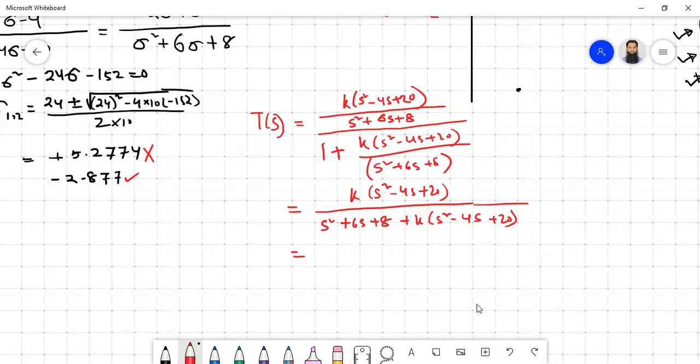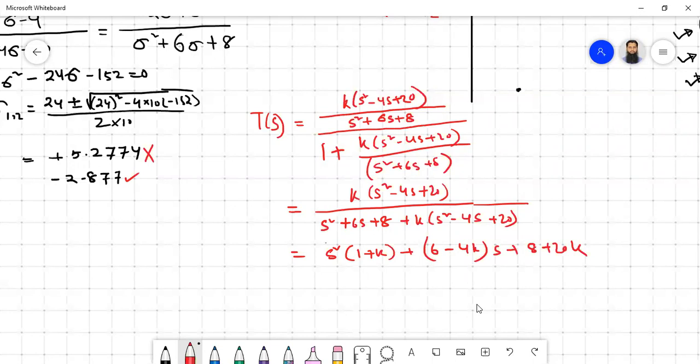So s square times 1 plus K, plus 6 minus 4K times s, plus 8 plus 20K.